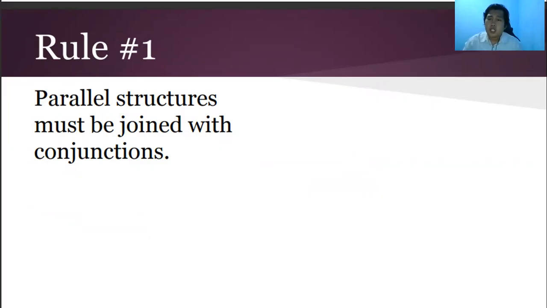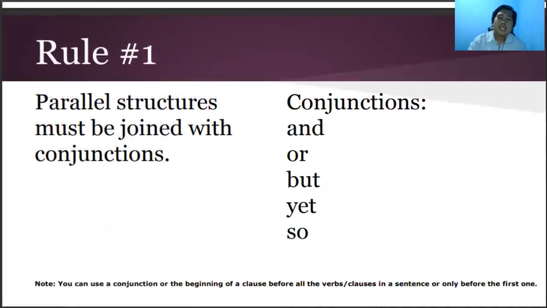Conjunctions are words like and, or, but, yet, so.